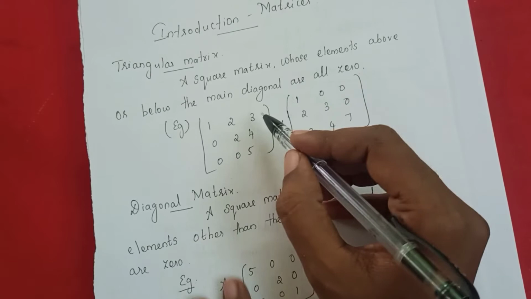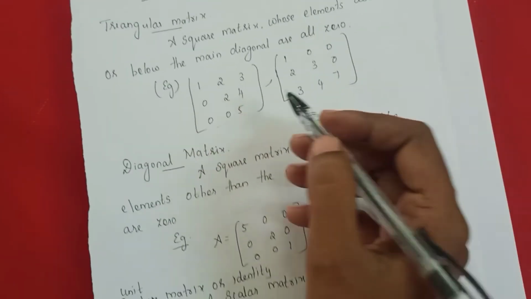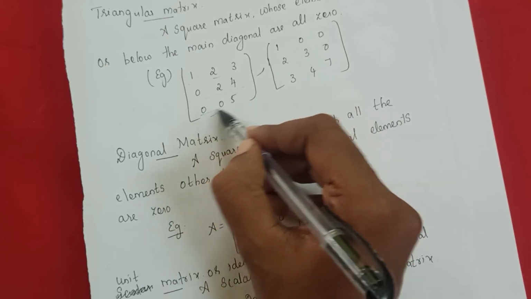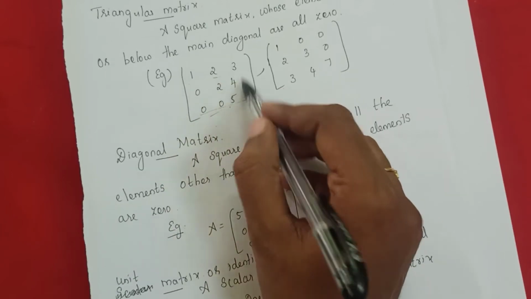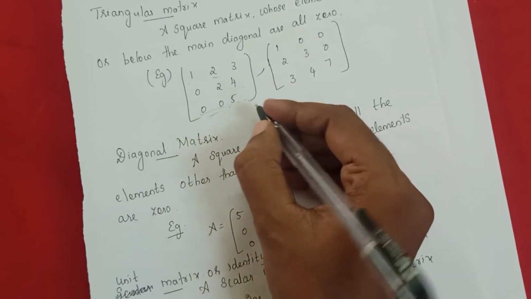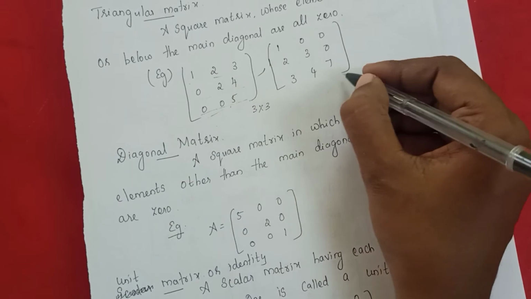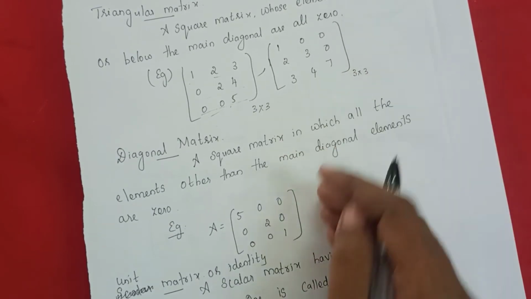The meaning is, it is a square matrix. That day I have taught you square matrix means what? Number of rows must be equal to the number of columns. So how many rows are there? 3 rows and 3 columns are there. Same as that in this matrix also, 3 rows and 3 columns.